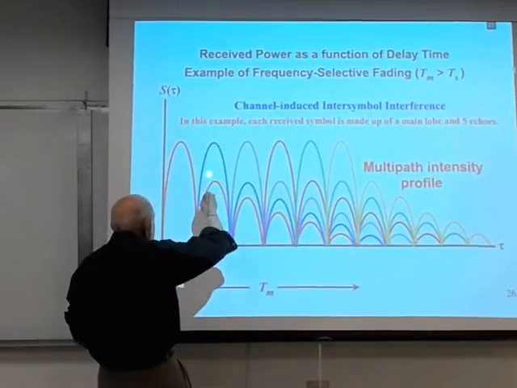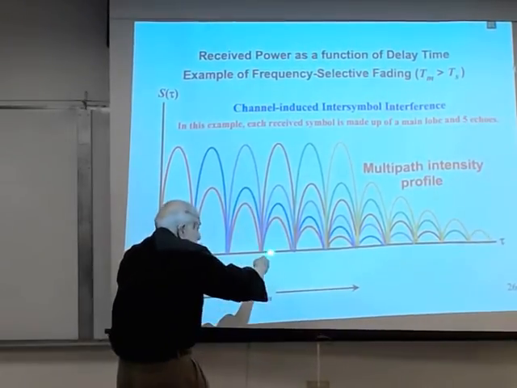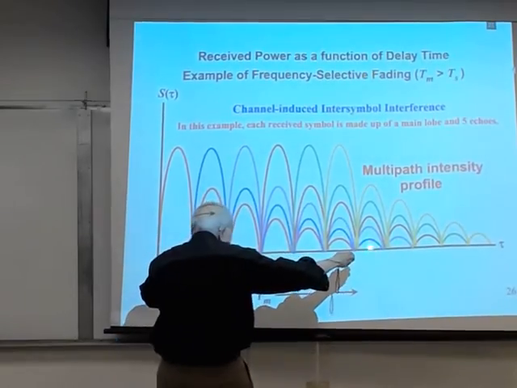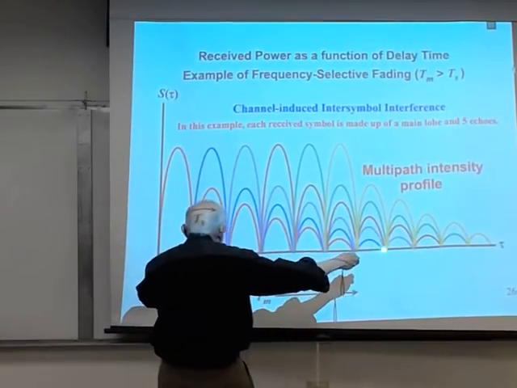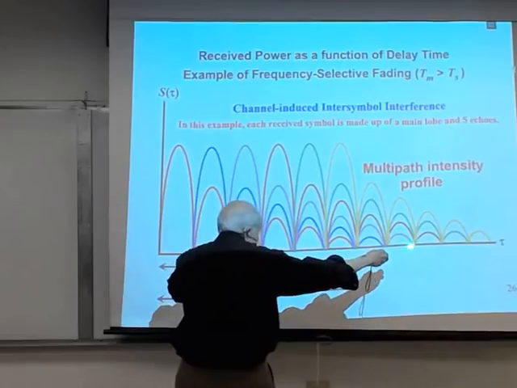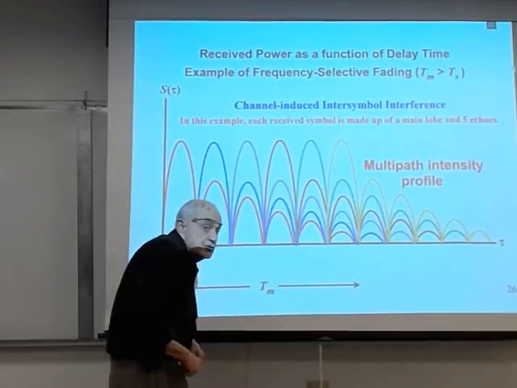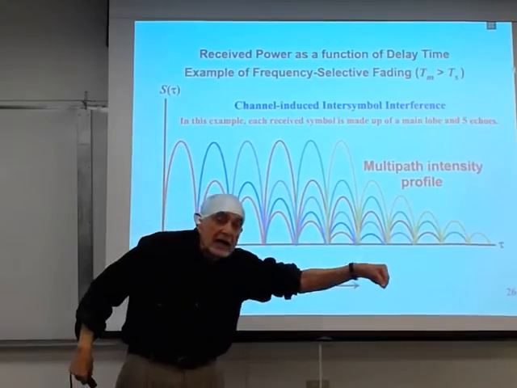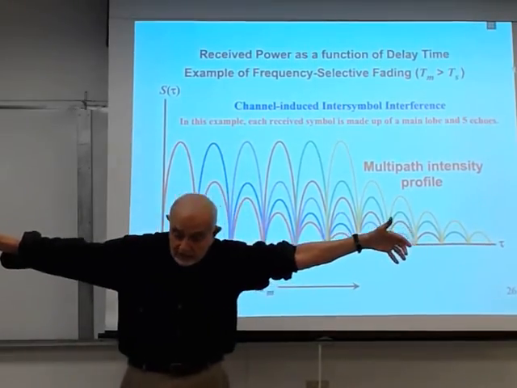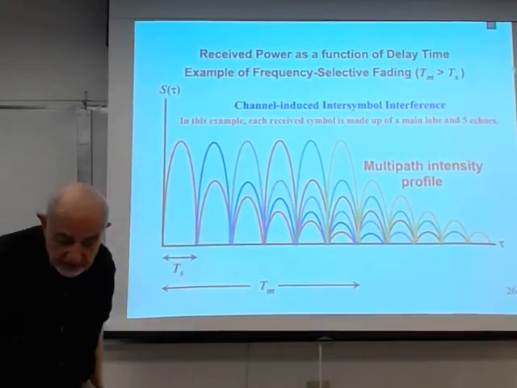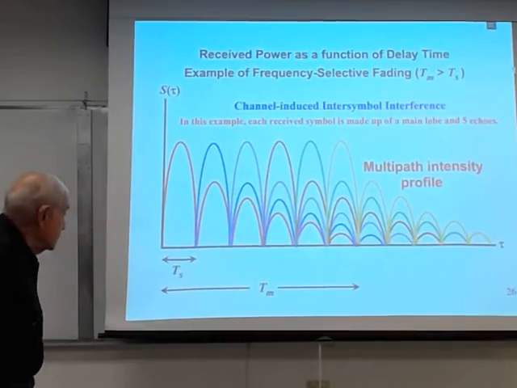Then I send out the blue signal. And then I do the same thing, and it's over here. This is the same value, T sub n. Then I send out the purple signal, it's over here. Then the brown signal. And they all exist for echoes happening over the maximum multipath time delay of T sub n.